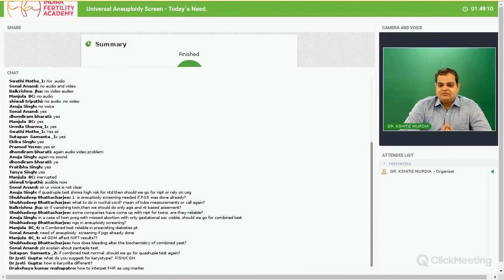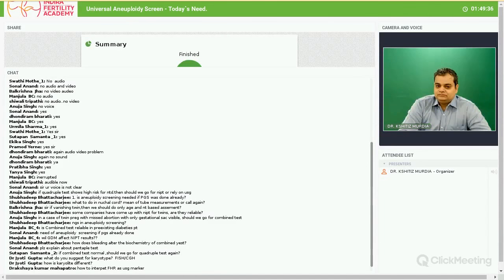It will be a big tool in the sense that if you are not able to do an NT for the patients, you can do the first trimester quadruple, which is as good as the second trimester quadruple. Till then, let's keep our fingers crossed. Once the deals are finalized and the test is validated in India, we'll definitely put this in our protocol also.